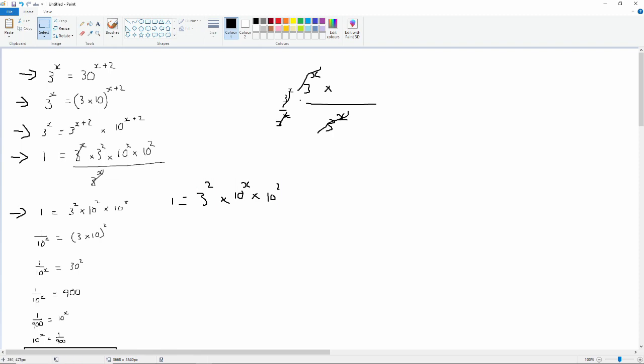And that is this line, except I've put the 10 to the power x here, again using the commutative property of multiplication. So that's all that's happened here. So nothing untoward so far.